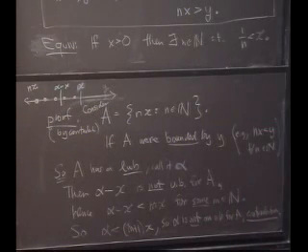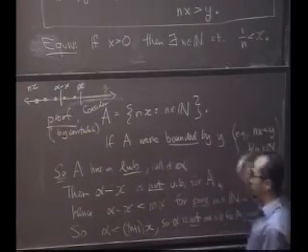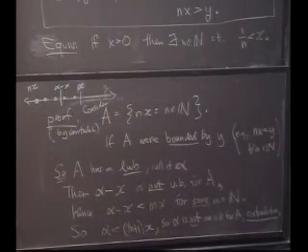So we've achieved a contradiction. Therefore, nx eventually has to be bigger than y.